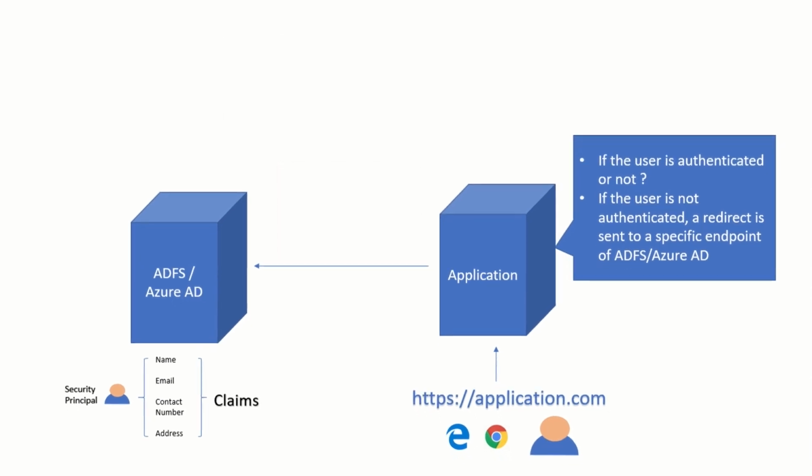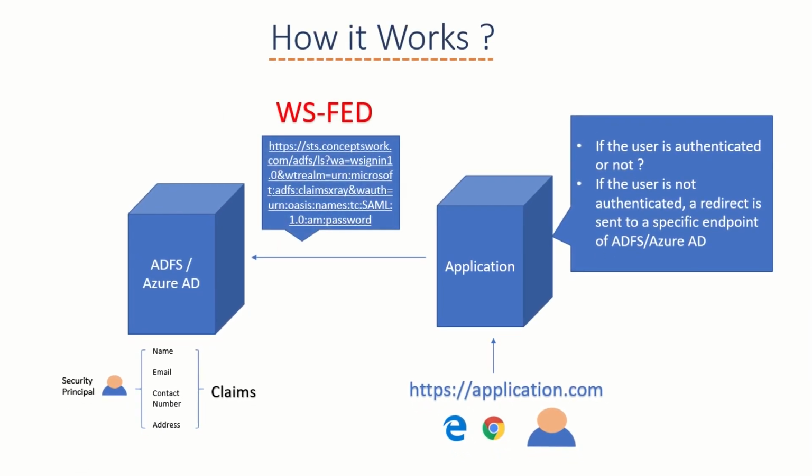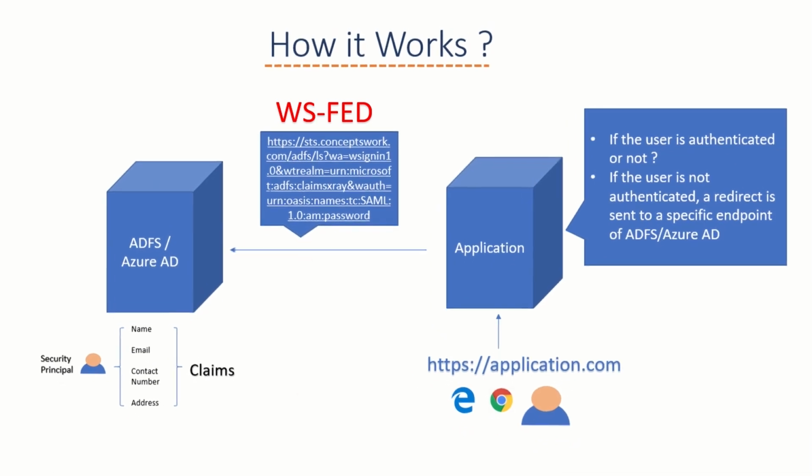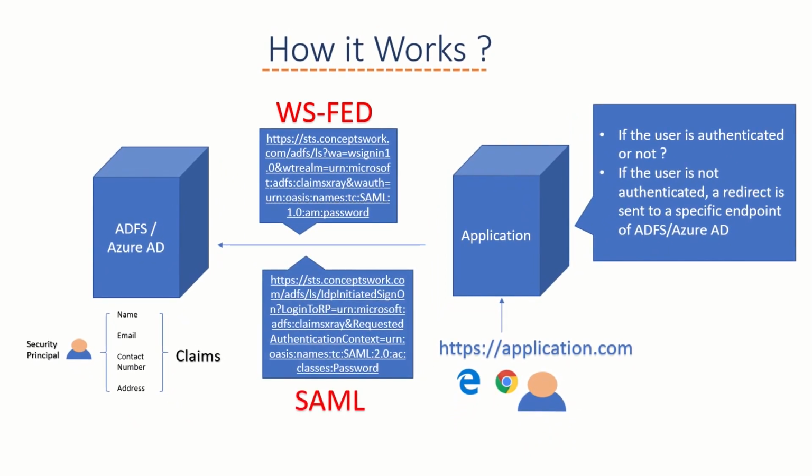Now, in this case, where an application is trying to contact your identity provider, and if your application had been using WS-Fed, this is how the request will look. And in case of SAML, the parameter values or the header values or the values that are included in the link altogether will get changed.